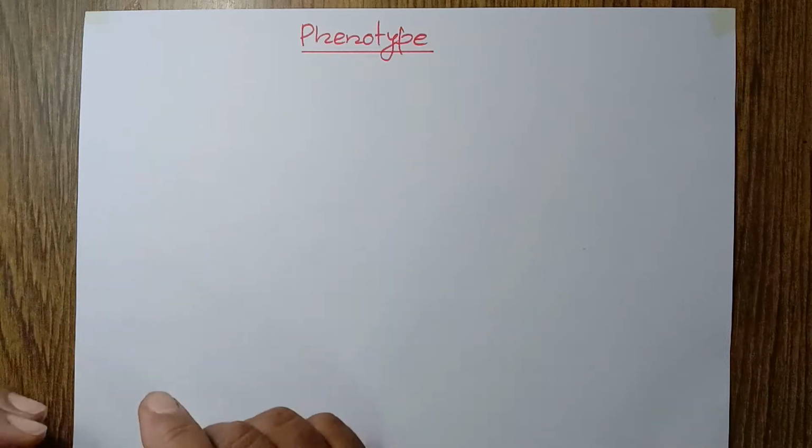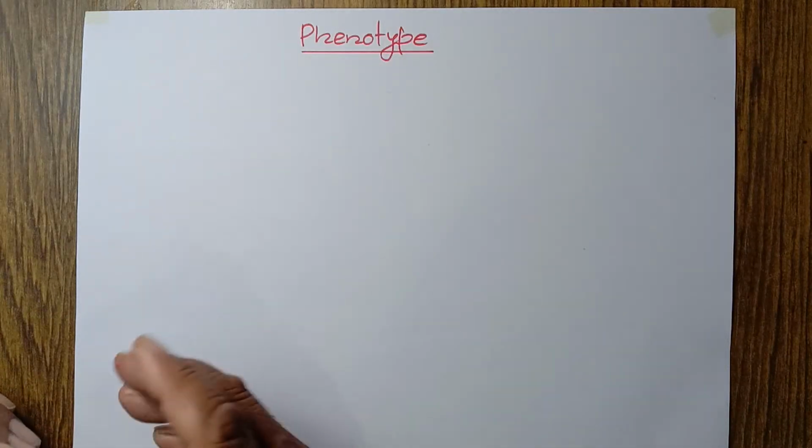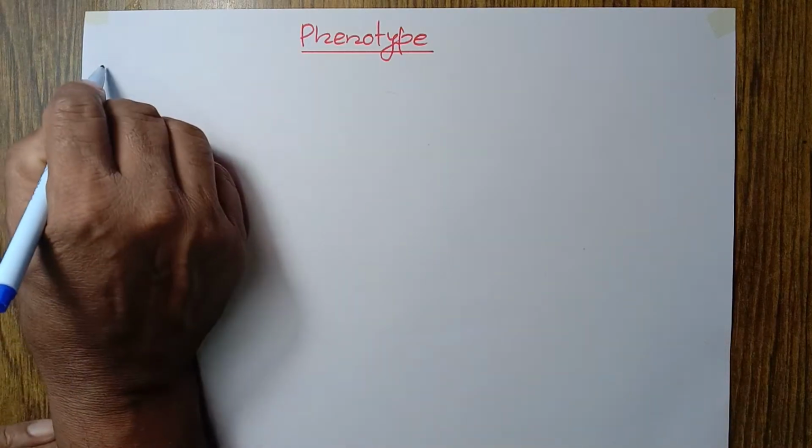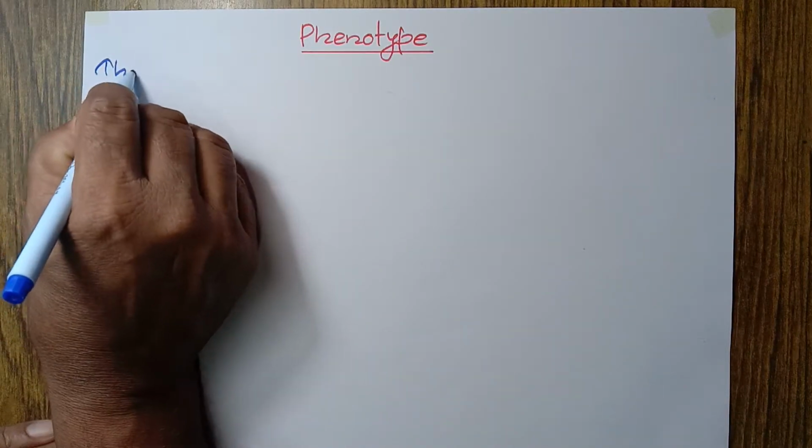This is a word which is used in heredity very commonly: the phenotype. What does it mean exactly? I want to define phenotype first.